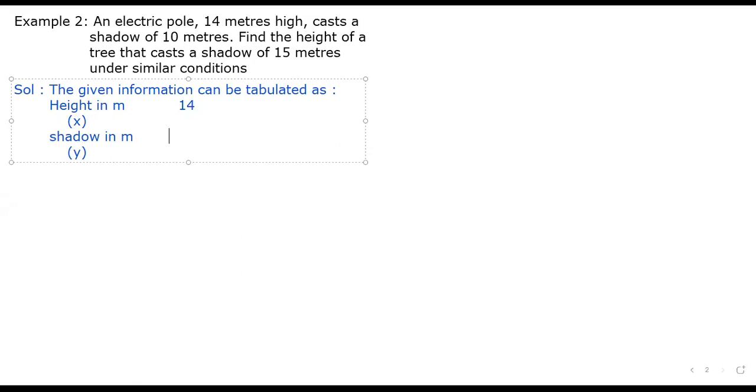So when 14 was the height, how much was the shadow? 10. What is next given to us? 15 meter shadow. Means what is this? x2 is unknown and y2 is equal to 15. Yes or no? Because the shadow is given this time.